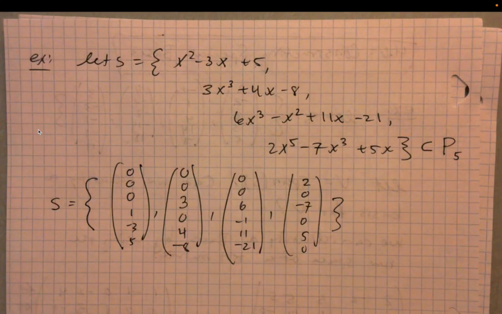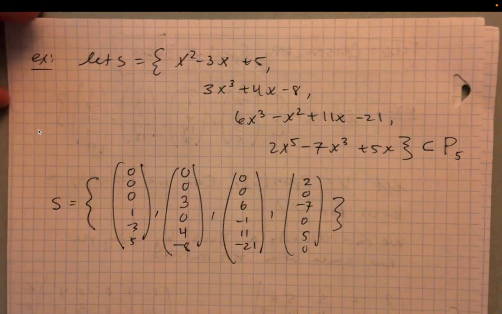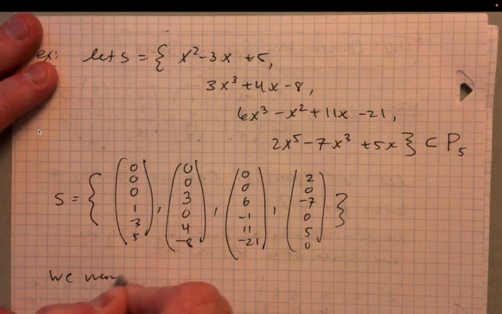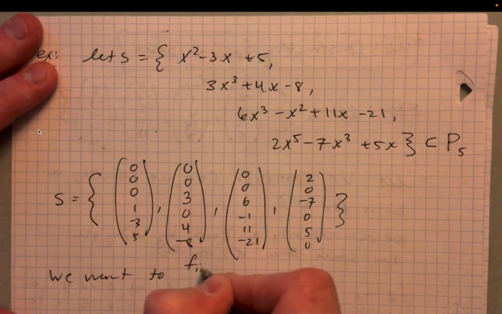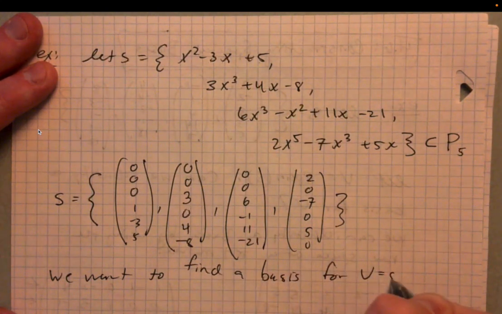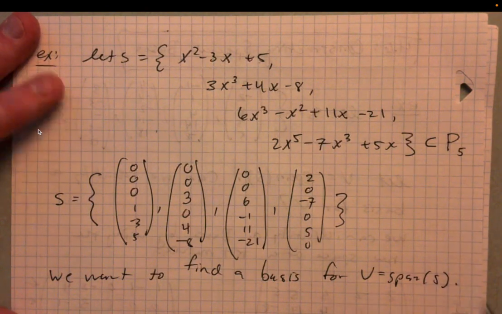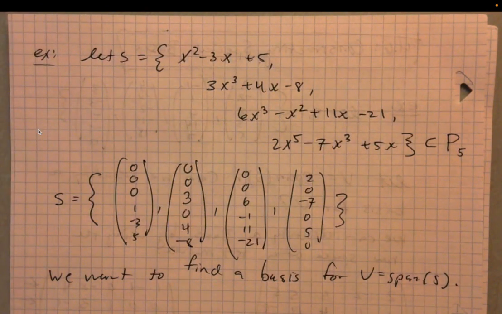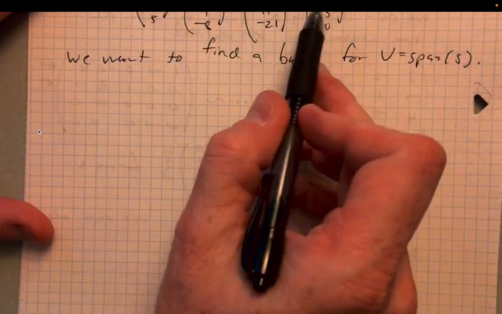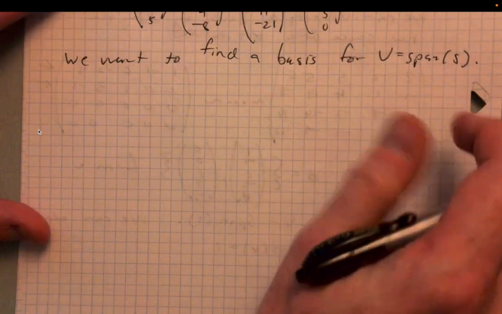Okay, and we can apply that same trick to this set S, right? If we're interested in finding a basis for the span of S, we can use that exact same trick, and we can plug these vectors into the rows of a matrix.